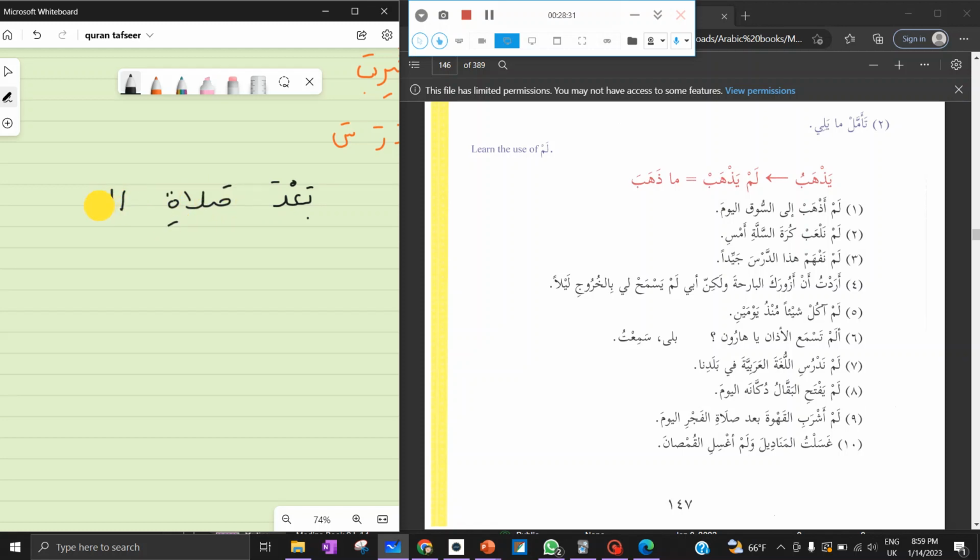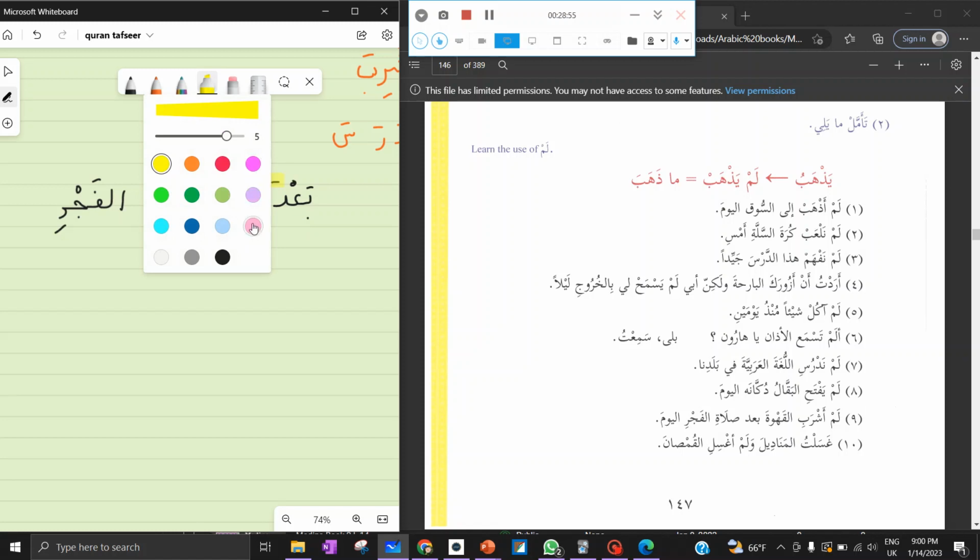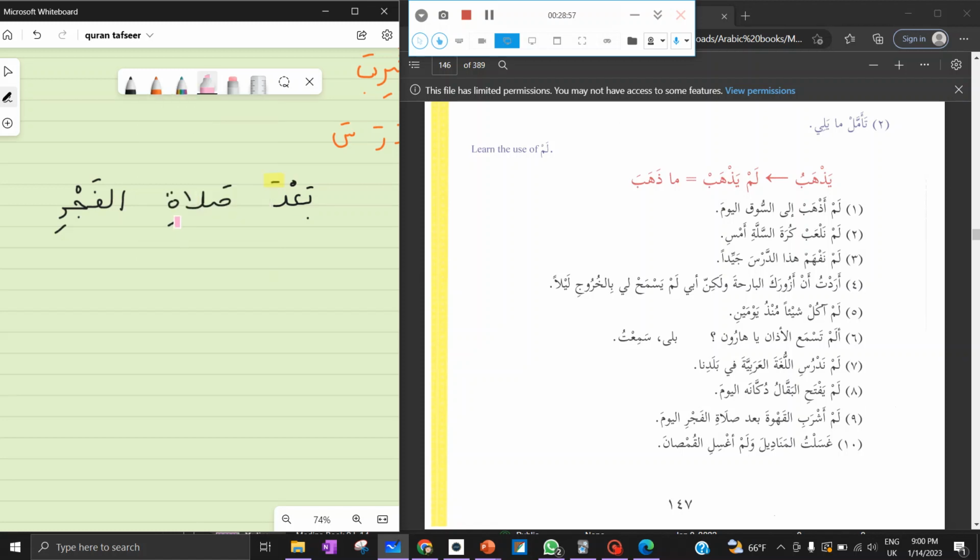Now you can see the structure here. What is the structure for the three nouns? First of all, the first is the zarf, having a fatha, and this is zarf zaman, showing the time, not the place. Salati, what are you seeing here? The structure in this is only a single kasra.